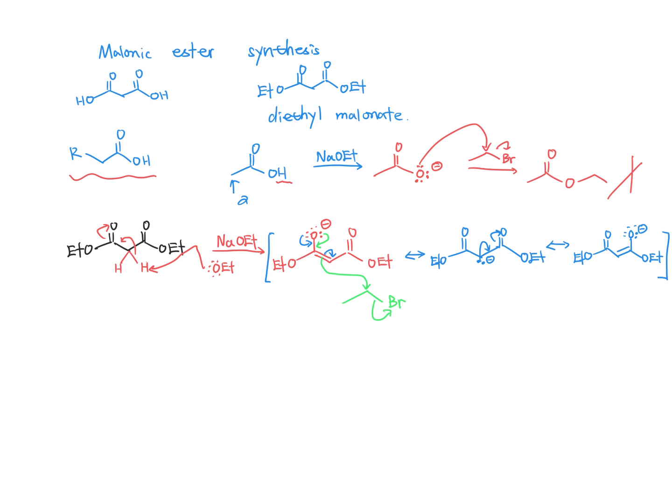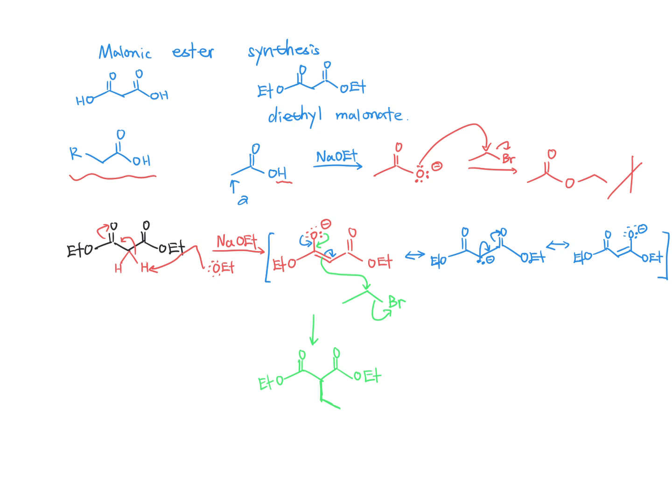So what we are going to have here is an alpha position that has an alkyl group substituted in. And at this moment, it is still a diester.